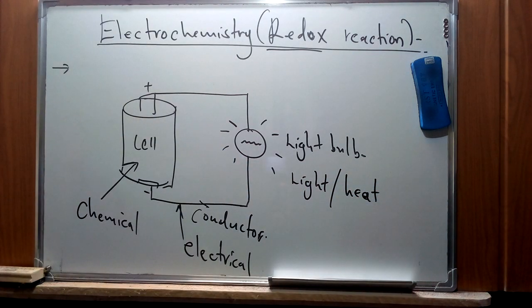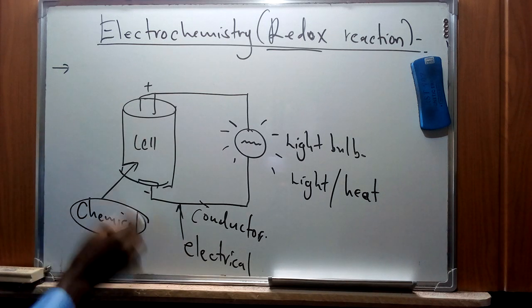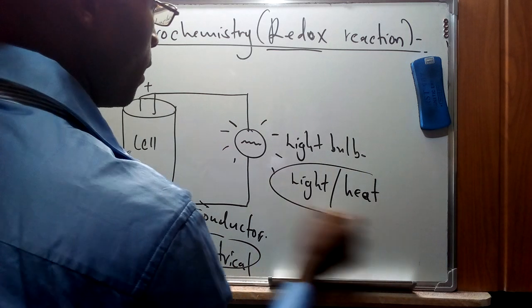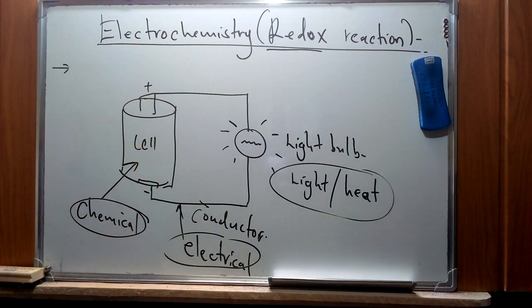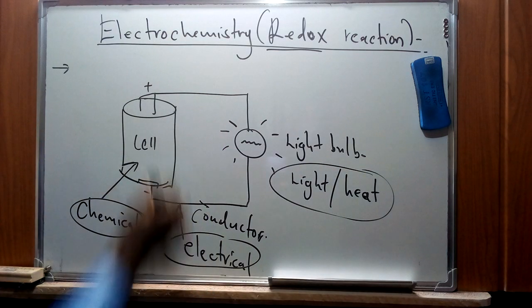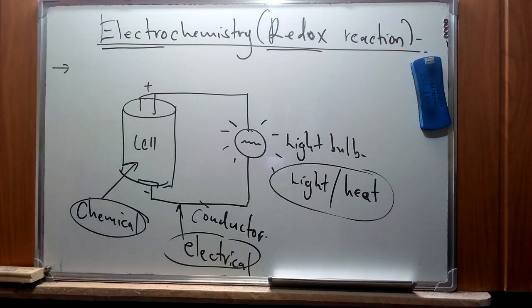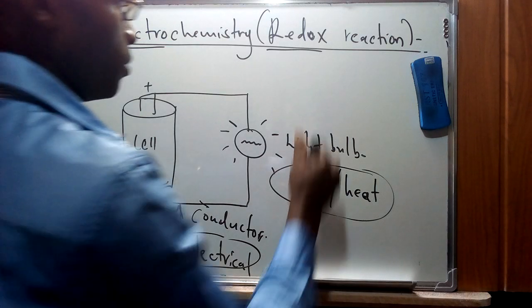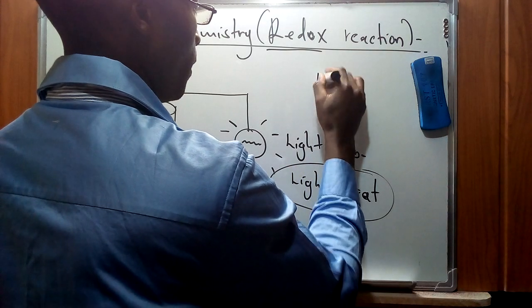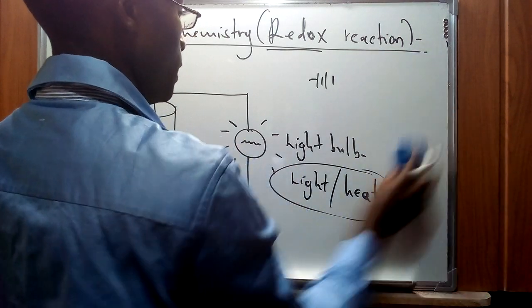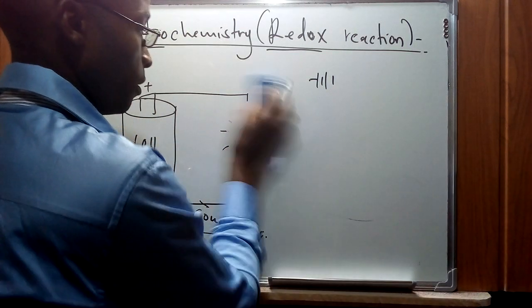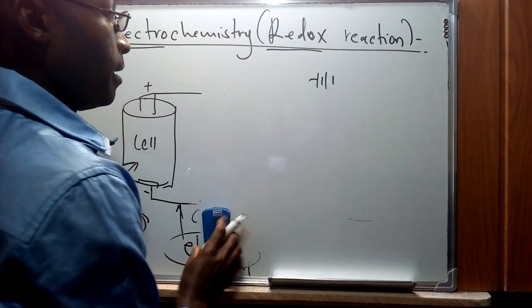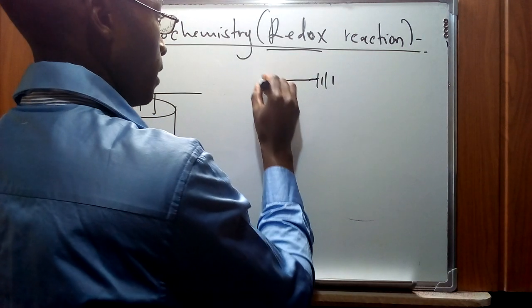So in essence, we're going to see that there is an interchange between different forms of energy: chemical, electrical, light and heat, which basically stems from the concept of electrochemistry, whereby the chemicals are producing electricity. And in some cases, there is a relationship between this electricity that is produced and chemicals in a process that we are going to discuss later that is known as electrolysis.